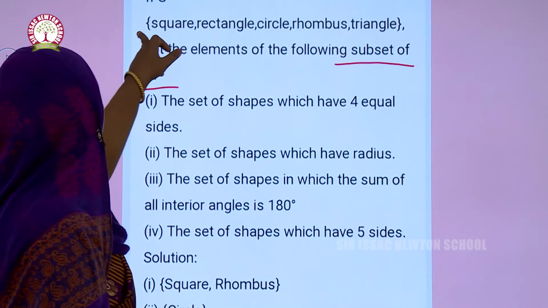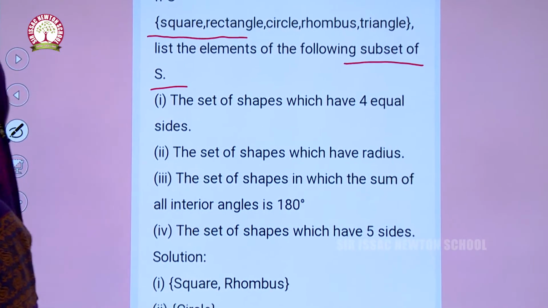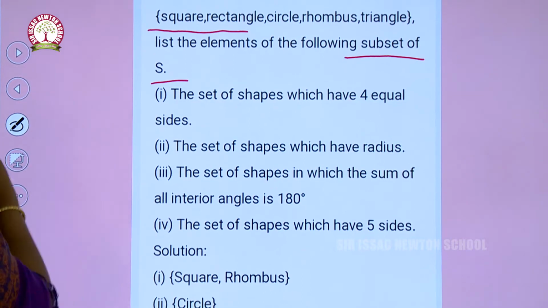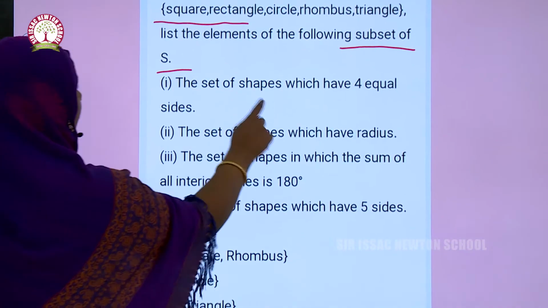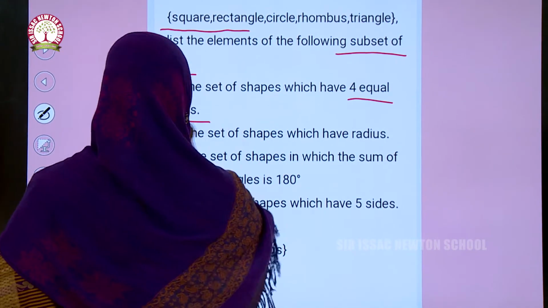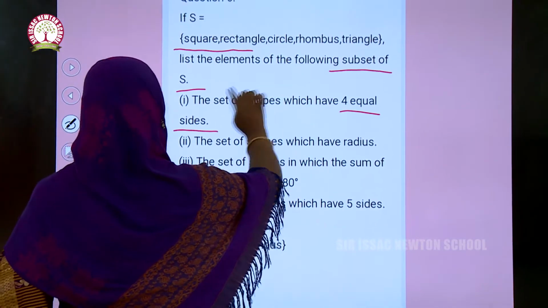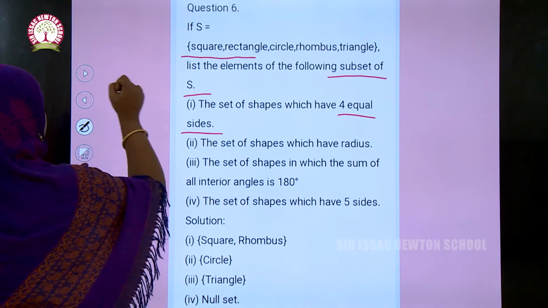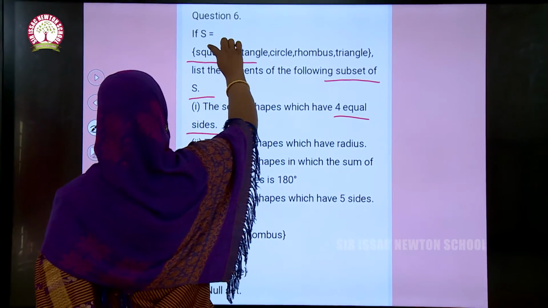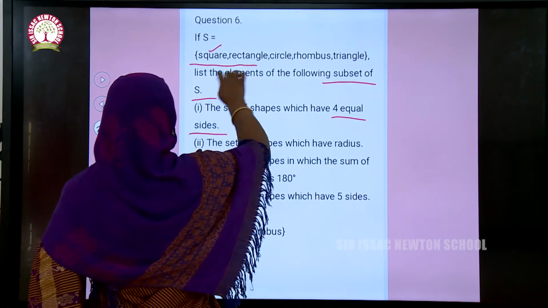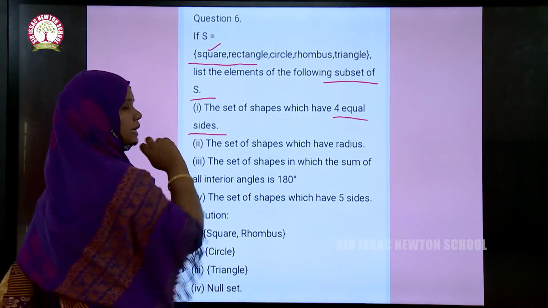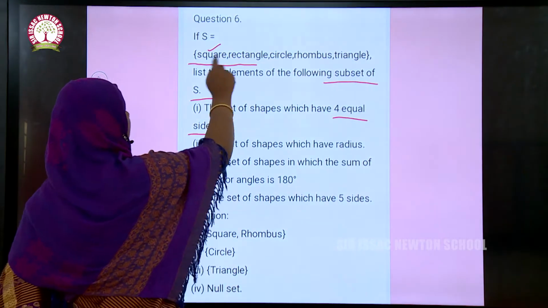Look at the set S and say which shapes have 4 equal sides. So the condition is the shapes which have 4 equal sides. Now check and tell me. Square, with a rectangle, are all 4 sides equal? No, only the opposite sides are equal.